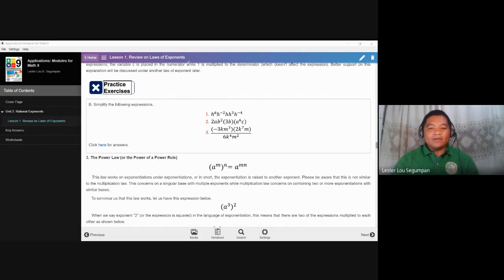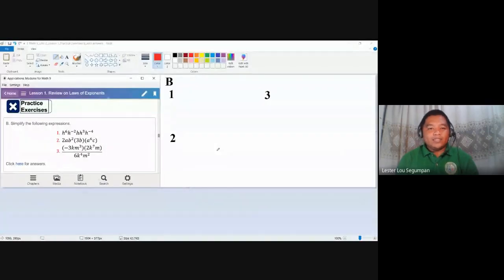Okay, I have already placed these exercises in a paint application software wherein we can just scribble and place any of our important notes and concepts. Now, for number one, we need to simplify the expression.